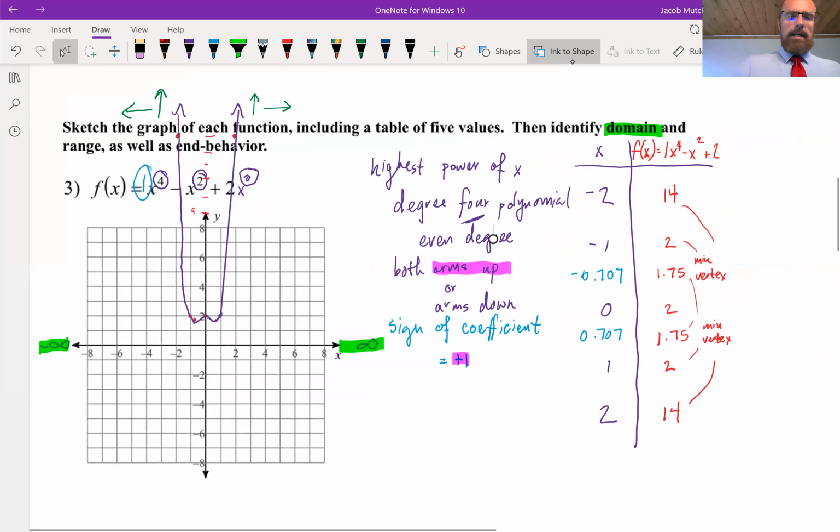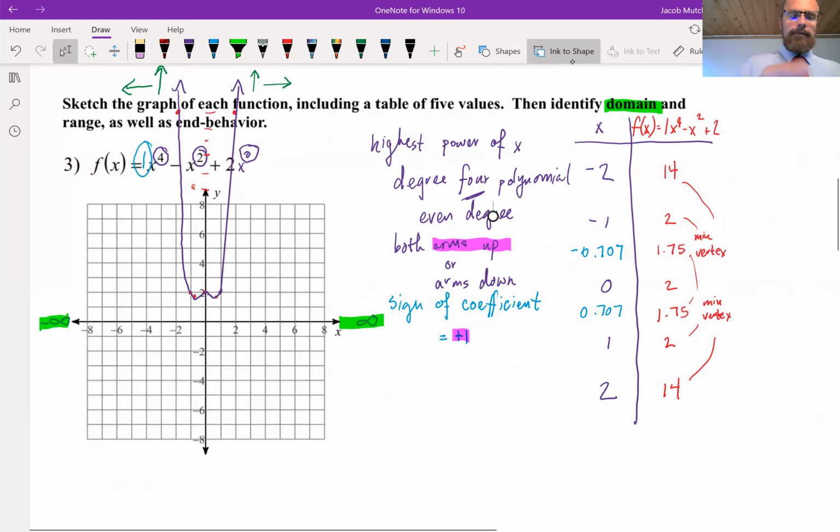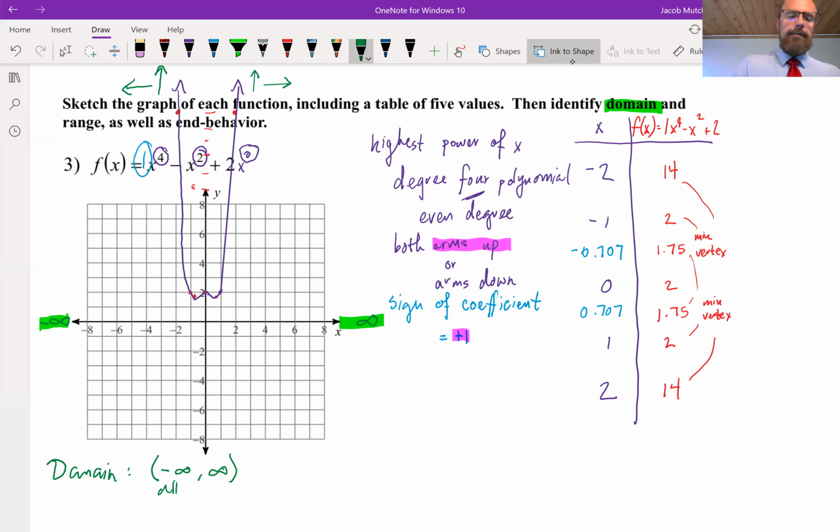So my domain, as I begin to write it, is going to describe that left and right drift. And this falls in line with what we said in our last example, that all polynomial functions have a domain of all real numbers. In interval notation, negative infinity to positive infinity describes exactly that, all real numbers for my domain.